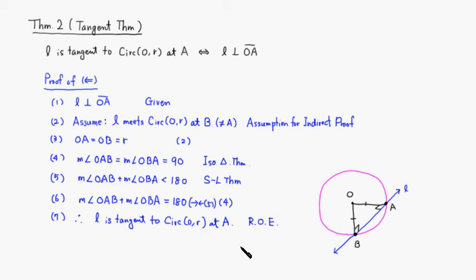This shows that if L is perpendicular to the radius OA, A being the point of contact, then L is tangent to the circle at A. That's it. I hope that this was clear.